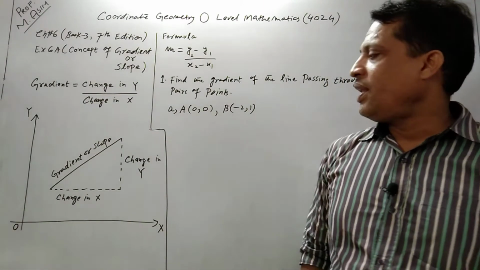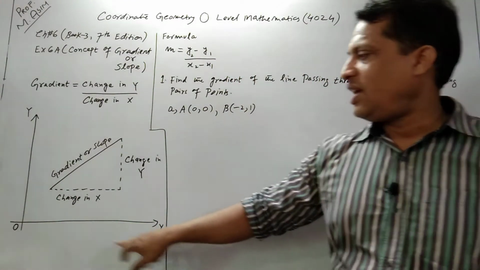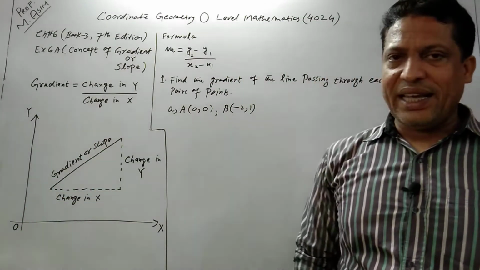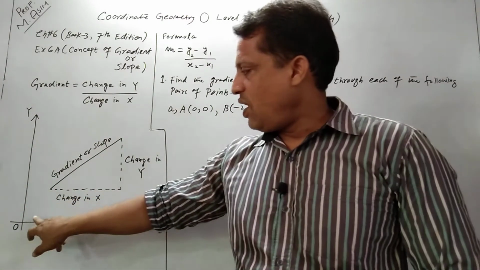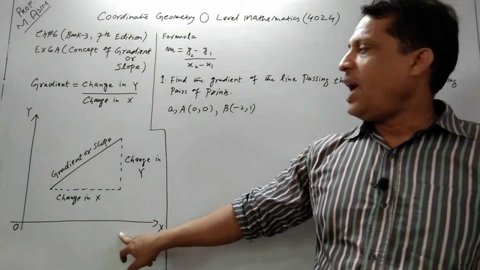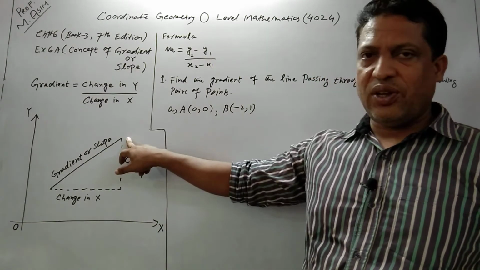For example, if you have this horizontal line, the x-axis, and this line, the y-axis, then the gradient is the change in x, from this value of x to this value of x, and the change in y, from this value of y to this value of y.